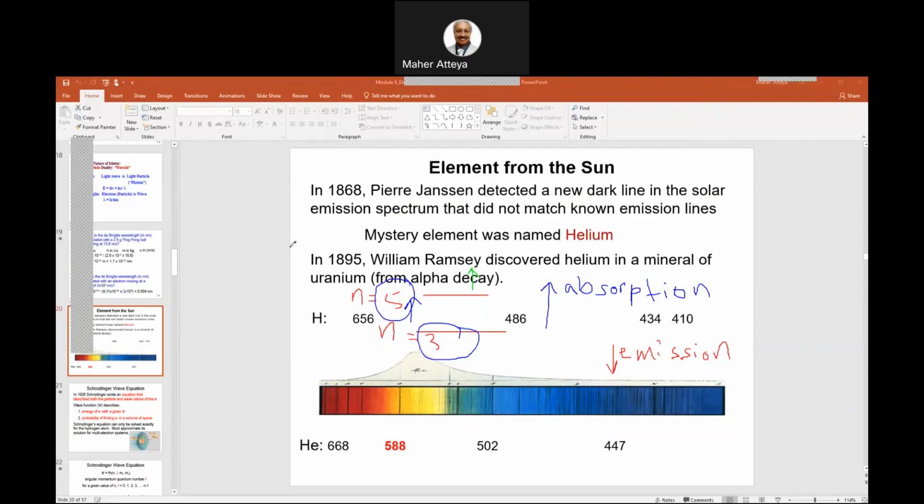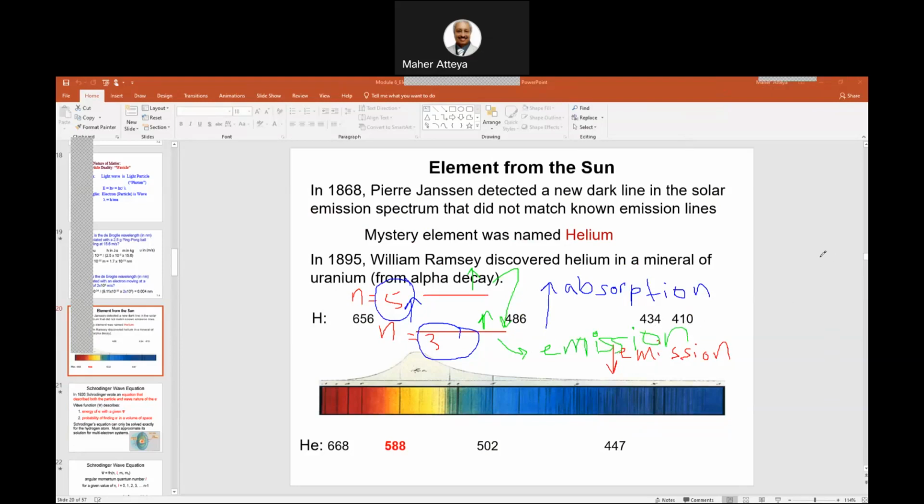So what happens is this electron says, I want to go back. Going back is called emission.